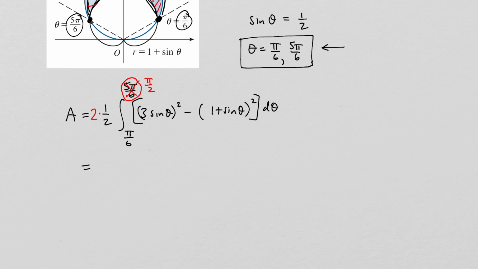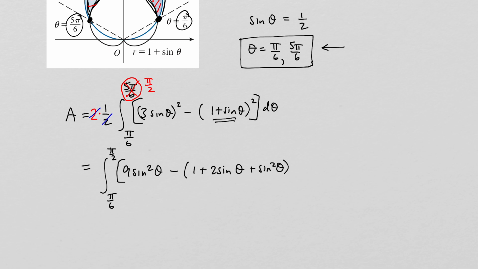So let's go ahead and apply that. This becomes the integral from pi over 6 to pi over 2. Notice that the 2 and the 1/2 cancel out. We have 9 sine squared of theta minus, and now we have to square 1 plus sine of theta. If you take your time and multiply 1 plus sine times 1 plus sine, you'll find that you get 1 plus 2 sine of theta plus sine squared of theta.